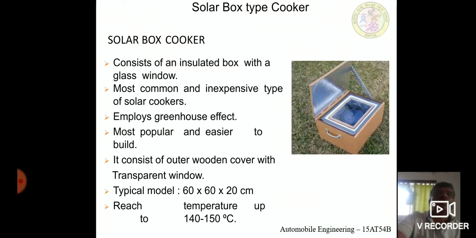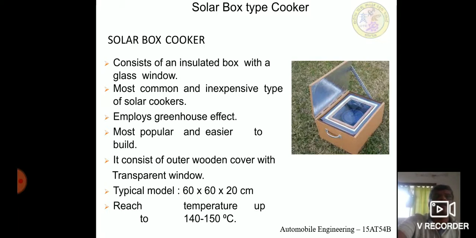Next, solar box type cooker construction. How is it constructed? You can see it's a wooden piece with length 60, width 60, and height 20 centimeters, and on the top there is a transparent glass piece which acts as a reflector, and it employs the greenhouse effect. Surrounding gas is trapped inside and its hotness is also used.